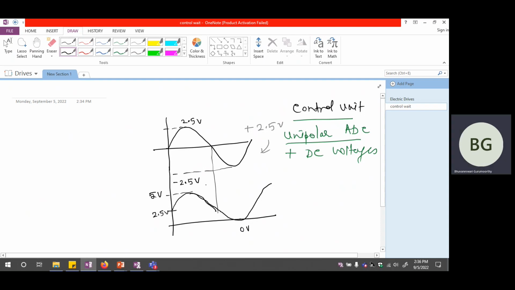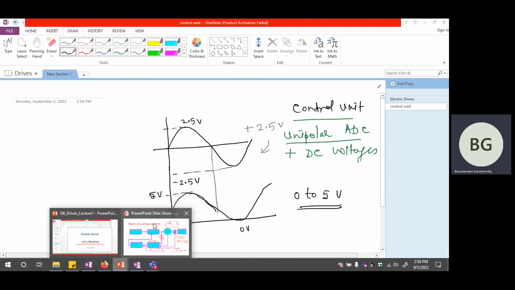So this voltage has not lost its shape, but it has been shifted by 2.5 volts. So instead of minus 2.5 to plus 2.5 variation, now the voltage variation is from 0 to 5 volts. Okay, so a signal conditioning circuit can be an adder circuit, a subtractor circuit, a multiplier circuit, or an amplifier circuit.